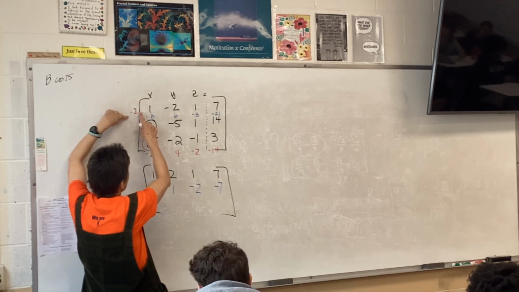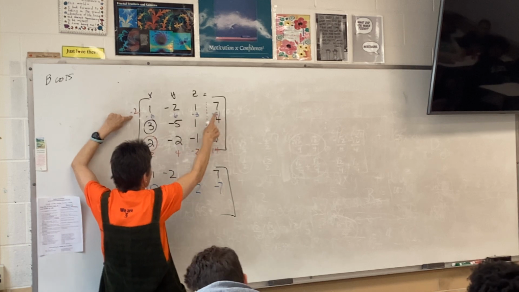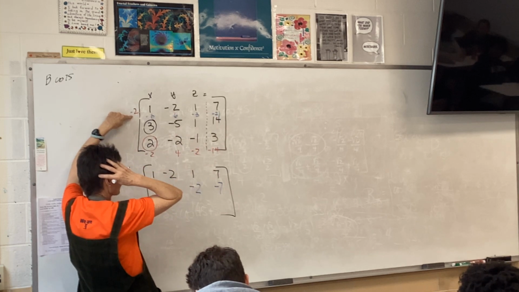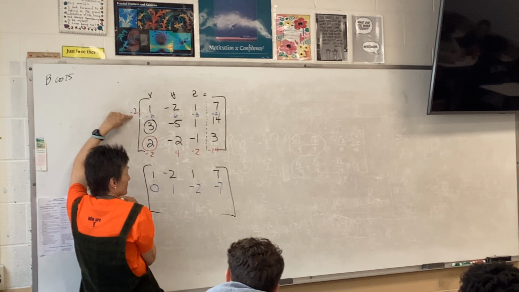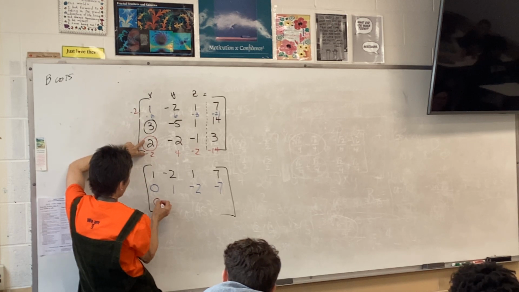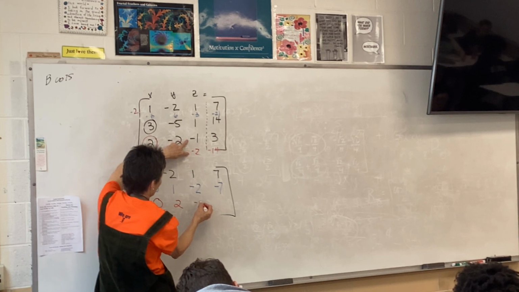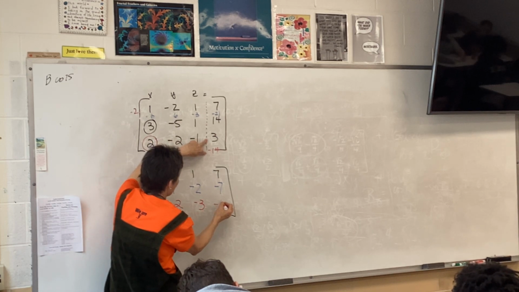So I took the top row of the matrix times -2. Now, if you can carry that in your head, that's great. I have to write it down. You don't have to write it down. Now you're going to add it. So I get a 0, a 2, a -3, and a -11.